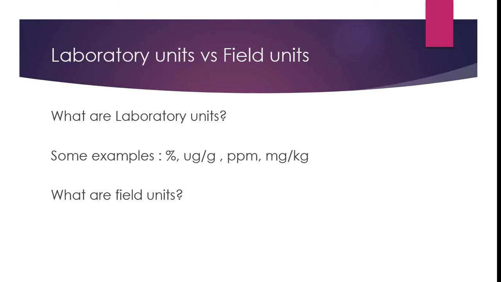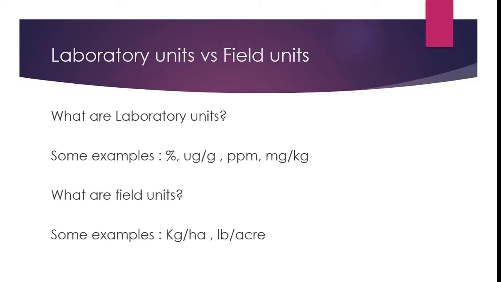It's a field unit because it compares the mass of a particular quantity to an area of land, and that is field, so you call it a field unit. Kilogram per hectare, also pounds per acre, are all field units. You could have a lot of them.